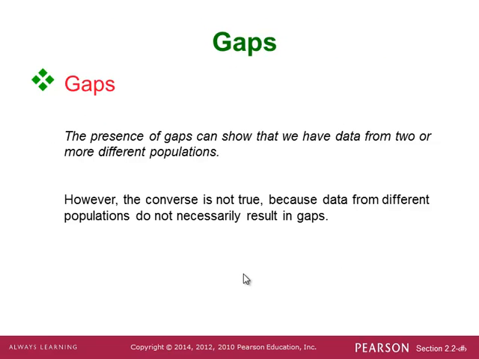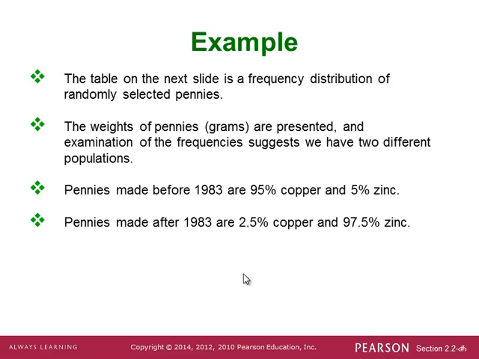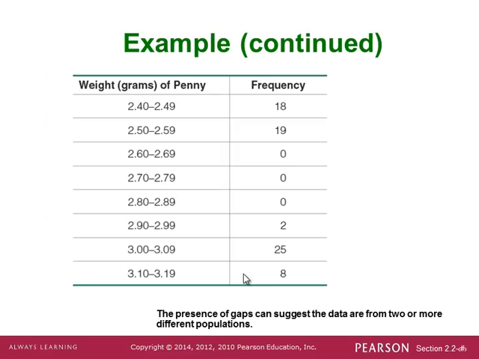Also, you are looking to see, are there any gaps? Let me show you an example of a gap, where you have this frequency diagram with frequencies for these classes that are not zero, then one or more zeros, and then some non-zero data right here.